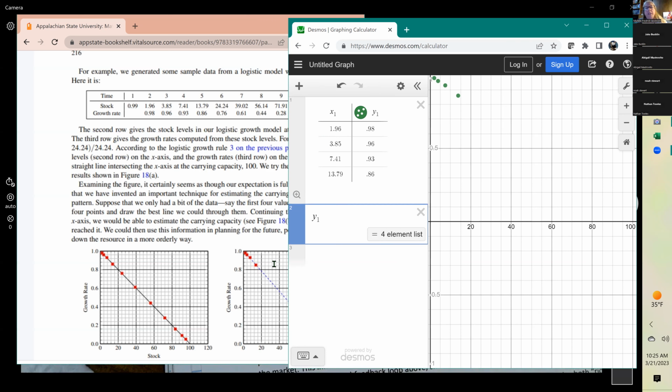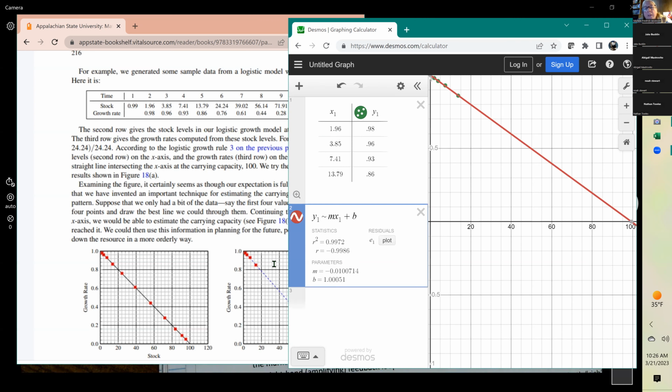If you hit shift and that key, you'll see this little squiggly line, and then mx1 plus b. It gives you your equation, and this tells you how strong the data is to a straight line. And it shows you where it's hitting at 99.341, so almost 100.